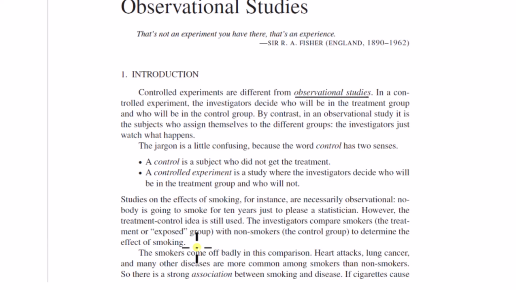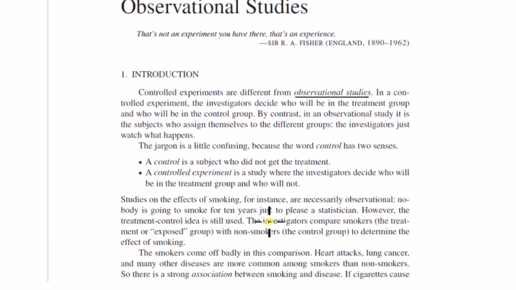So if you put you're a smoker, then they can look at the data and see, well, okay, how many of these smokers had some sort of cancer and died, right? That's not an experiment. That's an observational study. That's what they're saying here. Nobody's going to smoke for 10 years just to please a statistician.